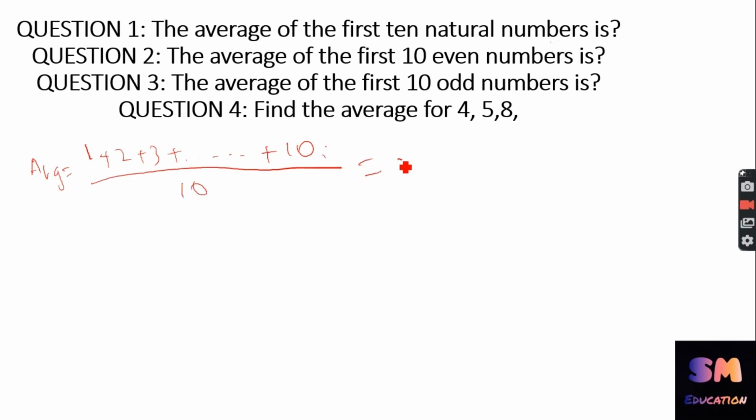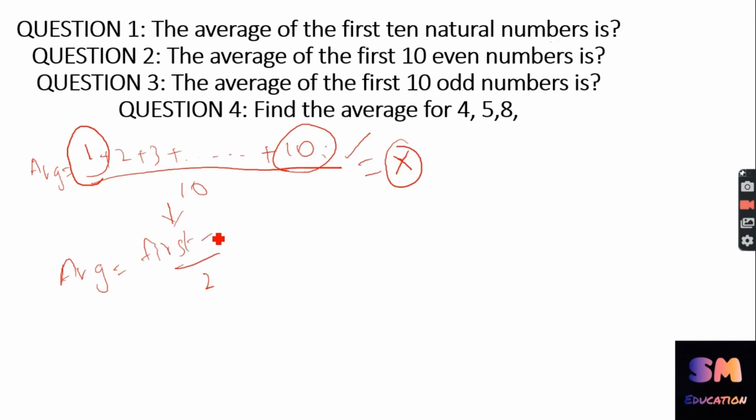This is very complicated when we have this many observations. The easiest way to solve these kinds of problems is to take the first number plus the last number divided by 2. This is the formula that gives the average of the first 10 natural numbers.